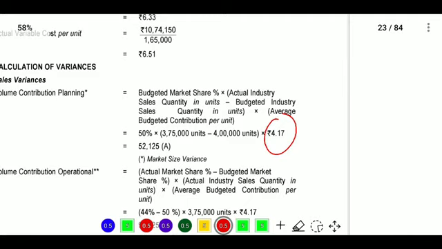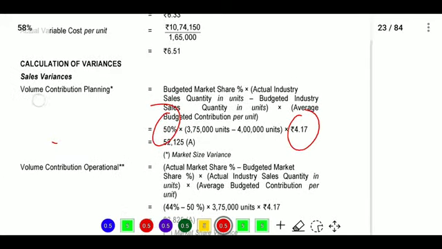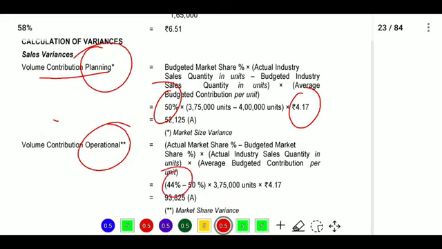We have calculated the market share; 50% is the market share when we are calculating the volume contribution, and this is planning. So budgeted is 4 lakhs, 2 lakhs divided by 4 lakhs, we have done 50%. When you go for operational, we have done it for actual also, which gives 44 percent.